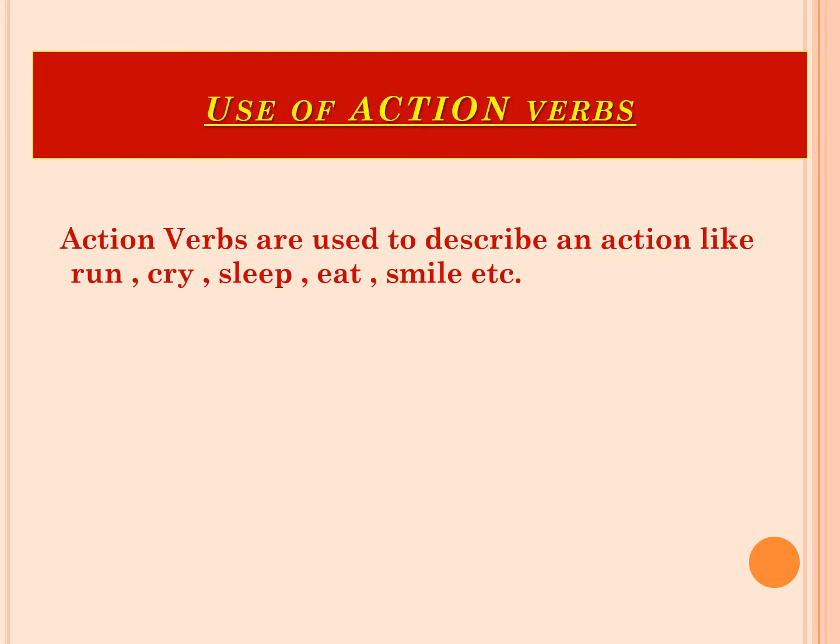That means action verbs are used to describe an action like run, cry, sleep, eat, smile, etc. They all are action verbs. I have a few more examples here. He is eating chips.